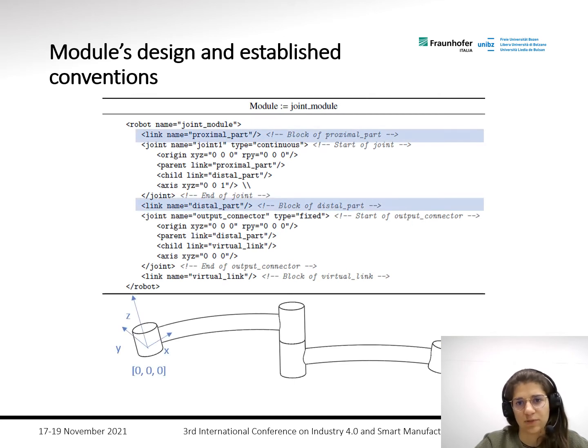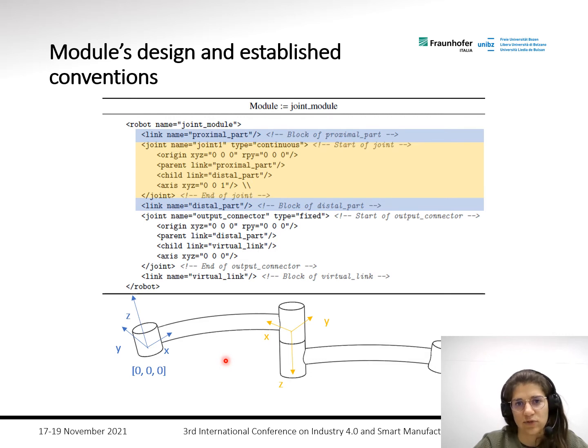For the joint, it is a bit more complicated since more parts are involved. In this case, we have the proximal part and the distal part, which are connected together via a joint, which in this case adds degrees of freedom, since it is the revolute or continuous joint that we want to have in our module.